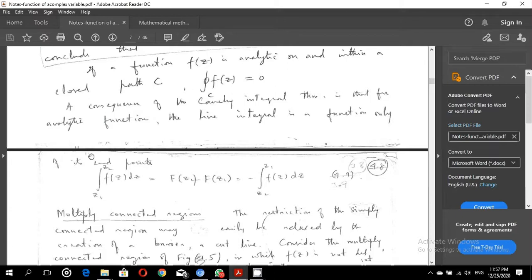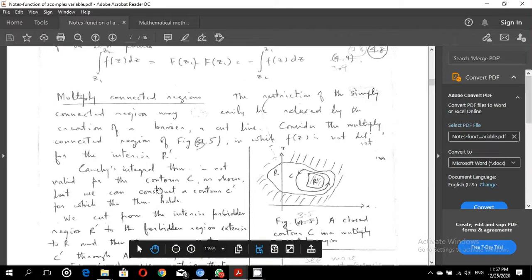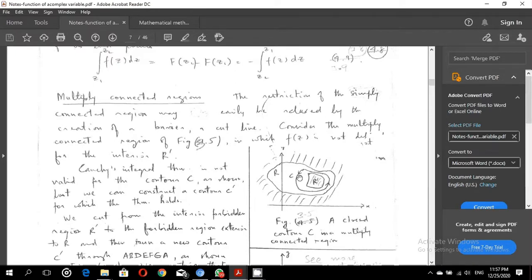Now mind you, if we do not have a simply connected region, and the region R contains a problem region R dash, inside R we have a region R dash for which the function is not analytic.